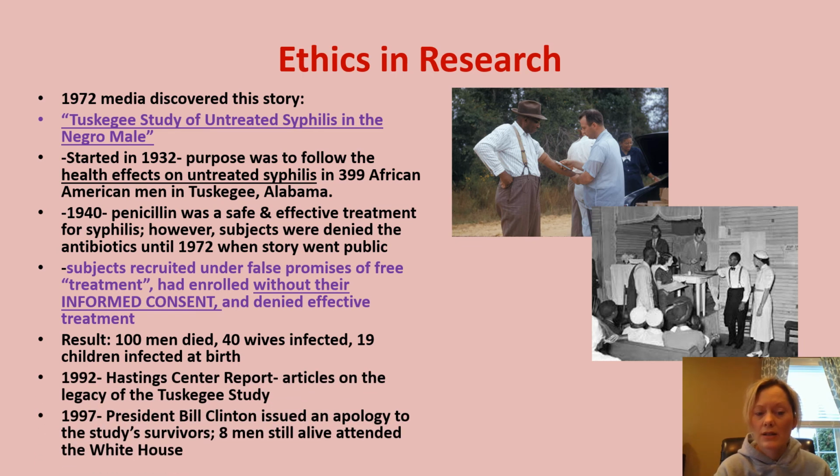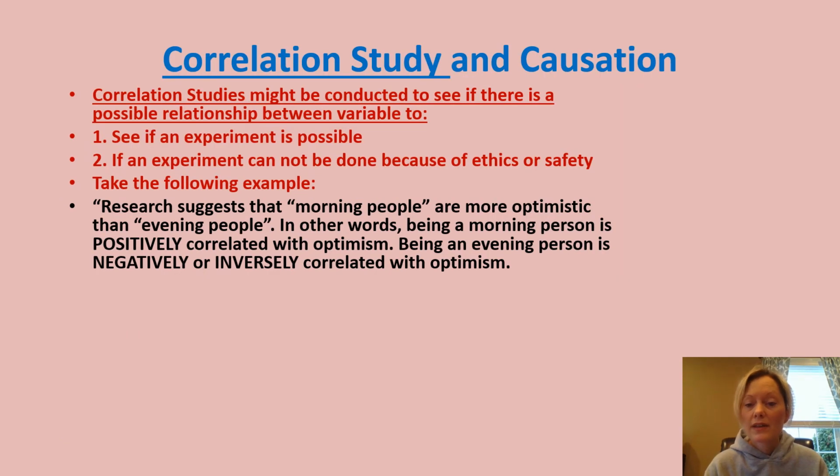It wasn't until Bill Clinton in 1997 that there was an apology for what happened to these men. So in time, because of cultural and historical events, we've had to develop these guidelines to make sure that experiments are done ethically.